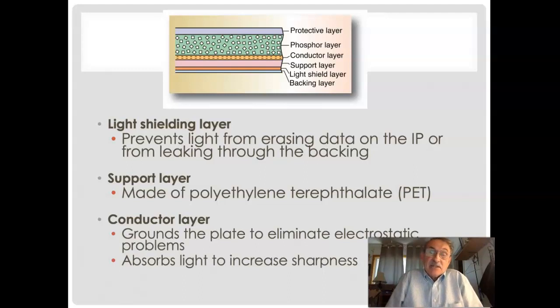Static electricity will expose a piece of X-ray film, and so we would get these lightning bolts across it. It's the same idea with that conductor layer. The conductor layer grounds the plate, and it also absorbs light to increase sharpness. Essentially the same idea as a grid absorbing scatter to increase sharpness. That's a pretty good analogy for it.